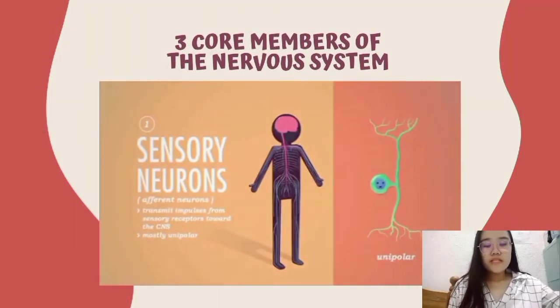The core members of the nervous system often differ in functions. Sensory nerves bear impulses from the outer areas of the body, or periphery, to the central nervous system. This type of neuron is the one that receives electrical signals from the outer body parts and delivers it to the central nervous system.